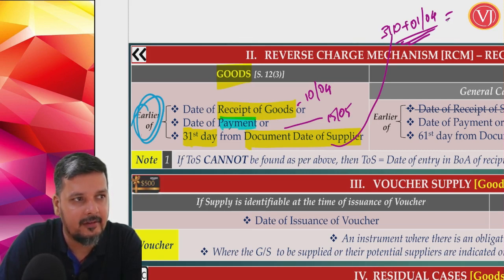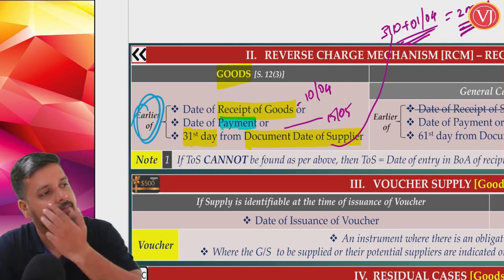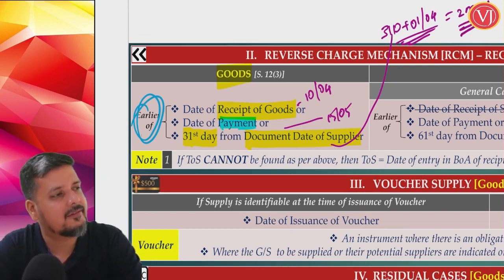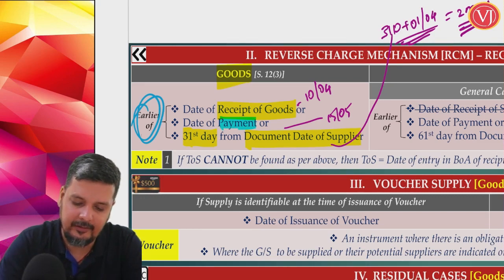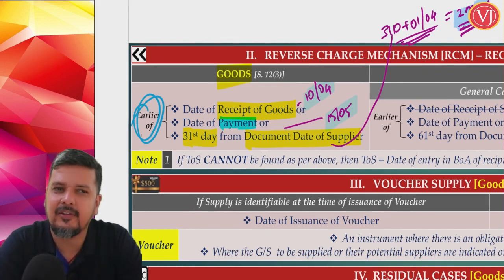In April we have a balance of 29 days. The first date is not counted. So it will be 2nd May. Which is earlier? 10th April. So you'll have 3 dates: 10th April, 15th May, 2nd May. Which will you select? 10th April, whichever is earlier.